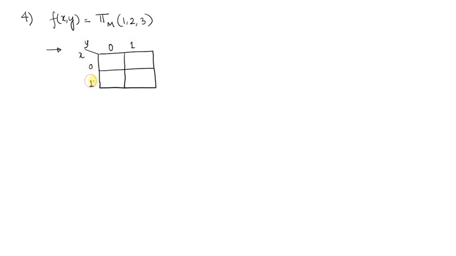Next numerical we have f of x comma y to be equal to pi m 1 2 3, and placing the max terms we can group them as x bar into y bar.